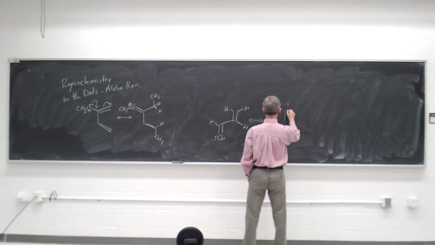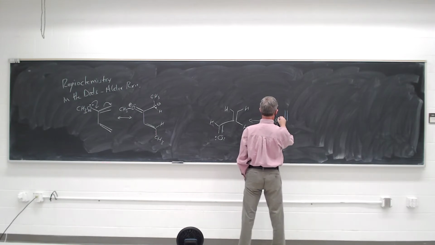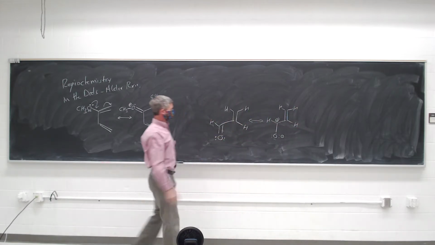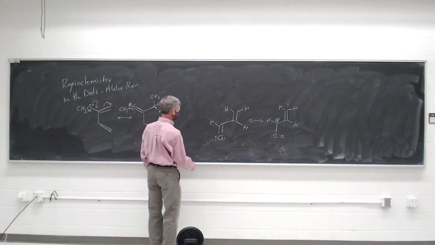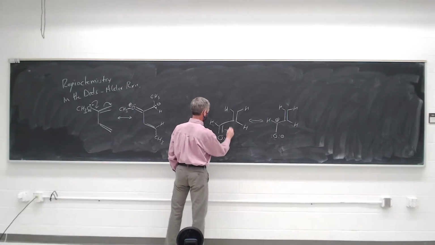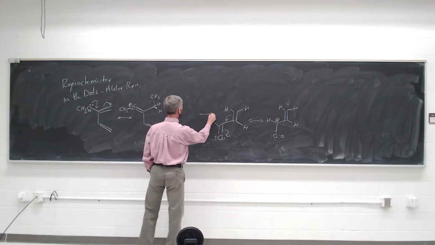Like this one. But that turns out not to be the resonance structure that's going to explain our regiochemistry. The resonance structure that's going to explain our regiochemistry is the one where we involve the other pi bond as well.